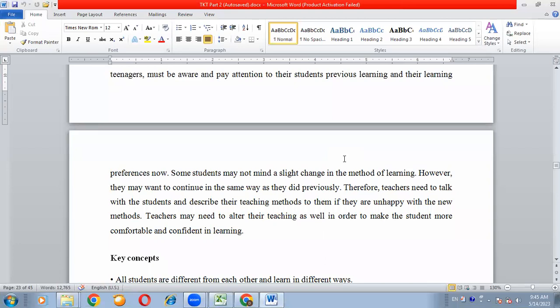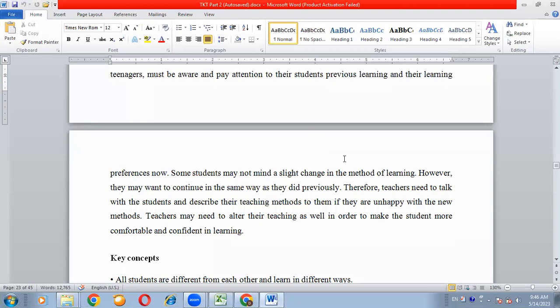However, they may want to continue in the same way as they did previously. Therefore, teachers need to talk with the students and describe their teaching methods to them if they are unhappy with the new methods. Teachers may need to alter their teaching as well in order to make the student more comfortable and confident in learning.